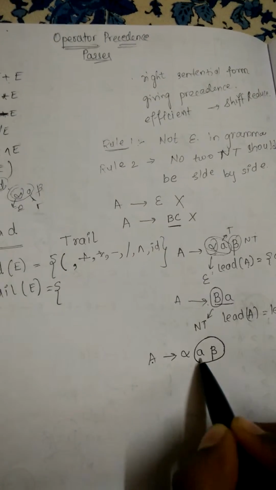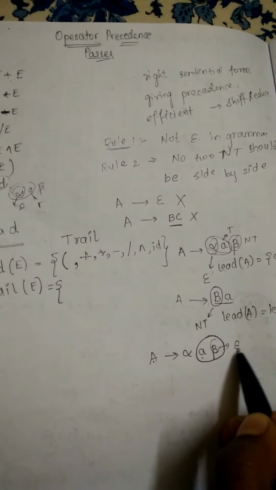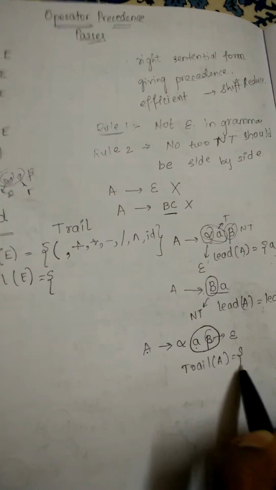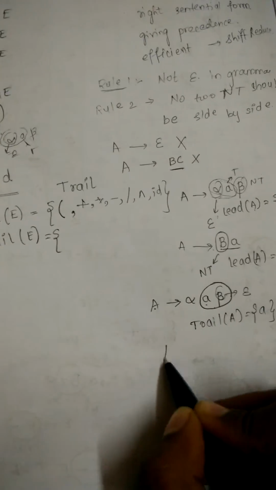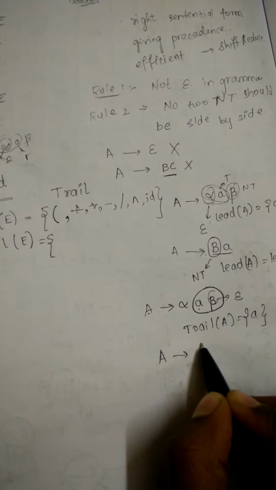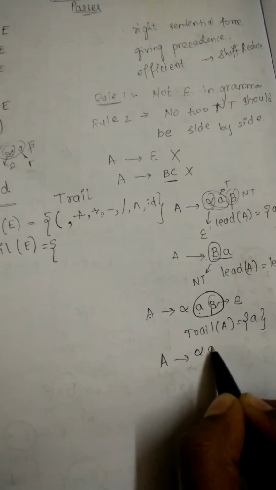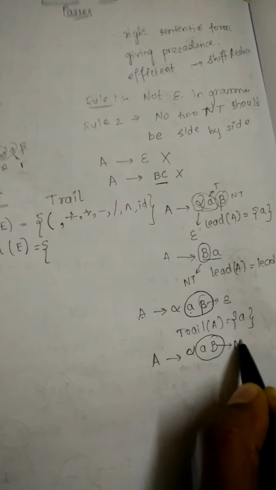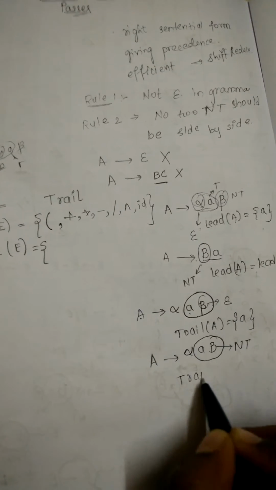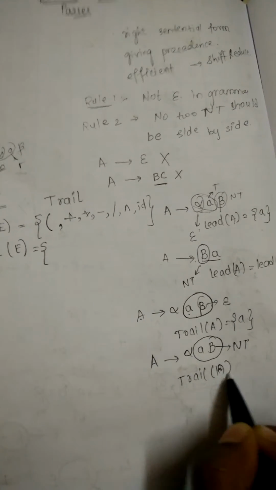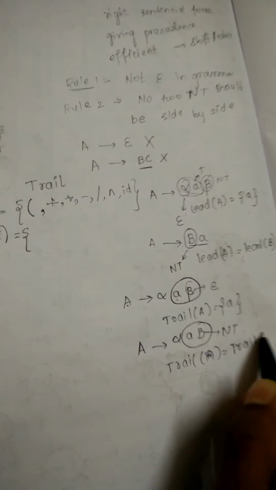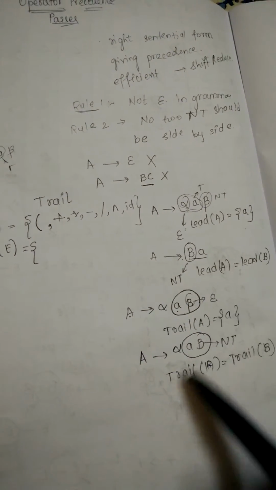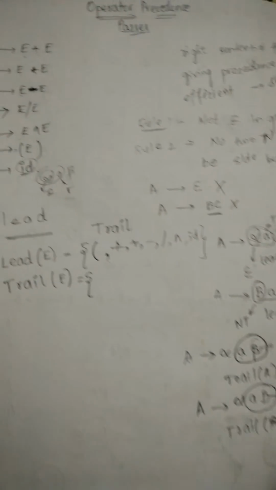So if this beta is epsilon, then trail of A is equal to a. If A tends to alpha B a, where B is the non-terminal, then trail of A includes trail of B also. The same thing we discussed for lead: lead of A is equal to lead of B, like trail of A is equal to trail of B.